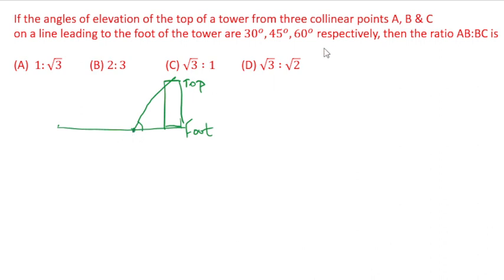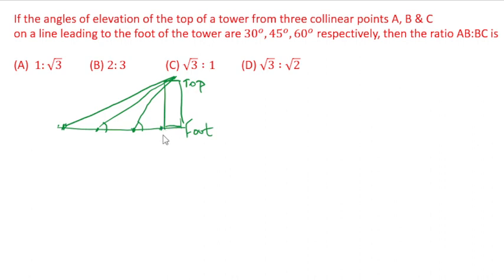And then there are 3 points. This is another point and this is another angle, and the third point. If I stand here near the foot, I must look straight upwards, then only the top of the tower will be visible to me, which means I have to look up at 90 degrees to view the top.